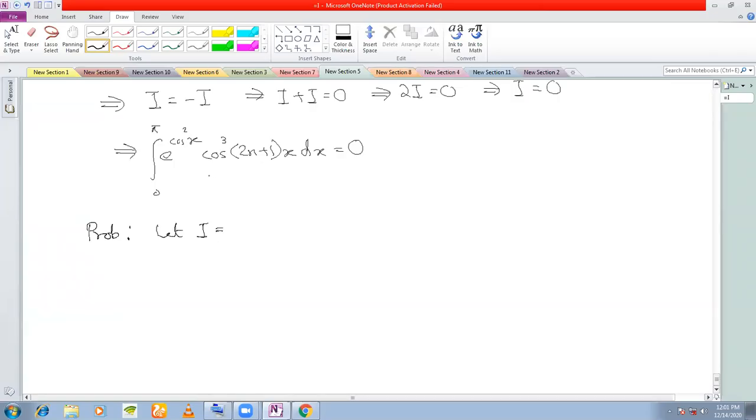This time we take this one, integral 0 to pi by 2 sine square x divided by sin x plus cos x dx. This problem, again, we shall apply this property, integral 0 to pi by 2.